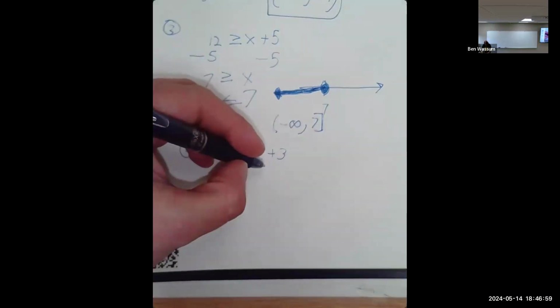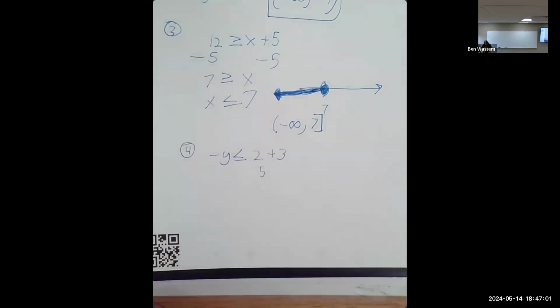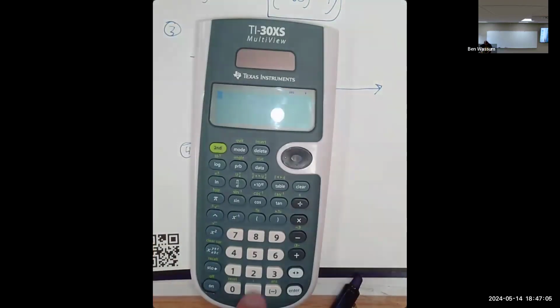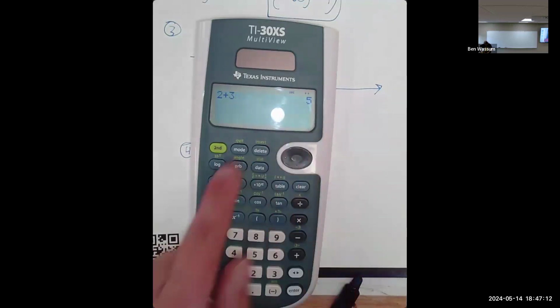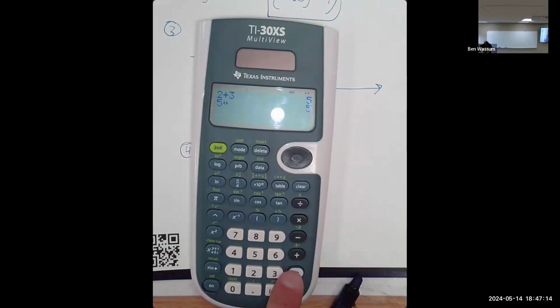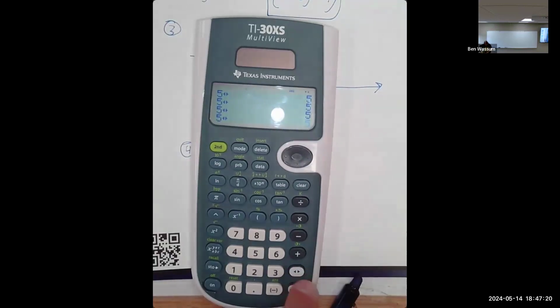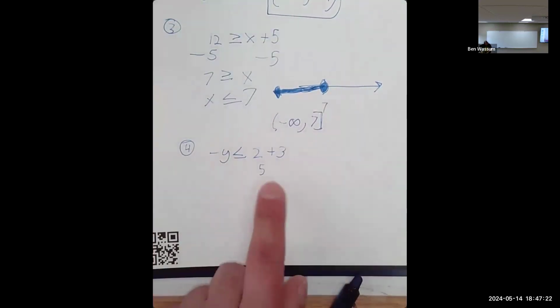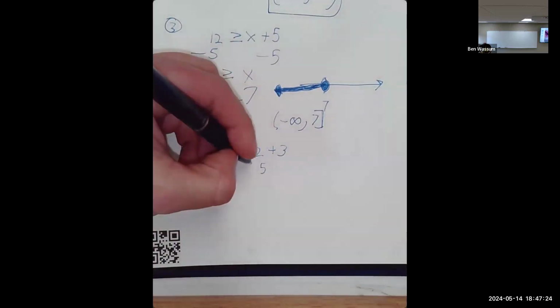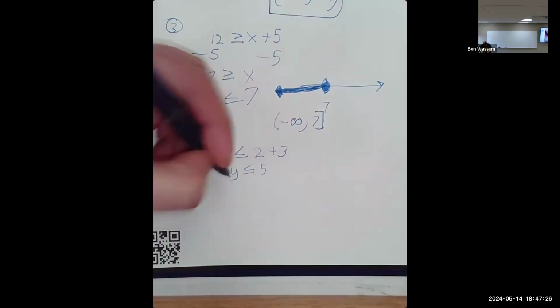Hold on, make sure. Okay, if I change this between a decimal and a fraction, it seems to stay 5. So, yeah, I think we're good. Seems to be 5.